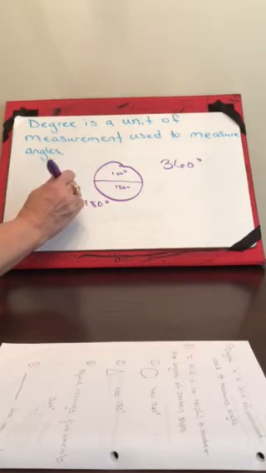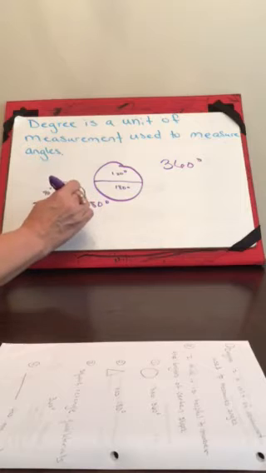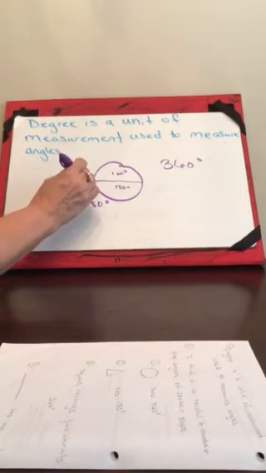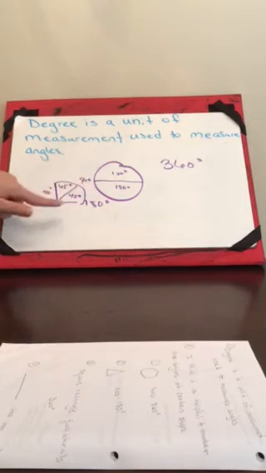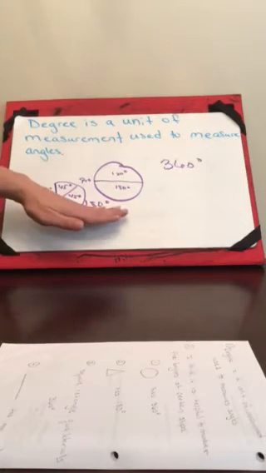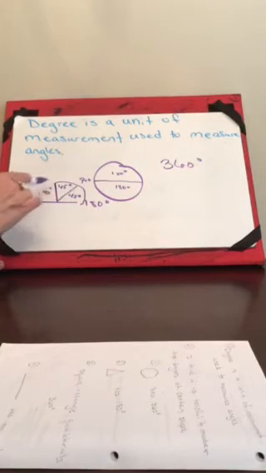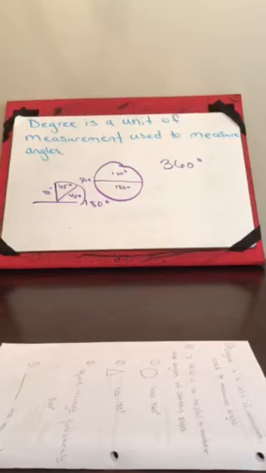So there's 45 degrees on this side, 45 degrees on this side. This whole right angle is 90 degrees. And 45 plus 45 plus 90 is my 180, my straight line. Or if I just wanted to say, 90 plus 90 is 180. So that just helps me be able to estimate my angles.